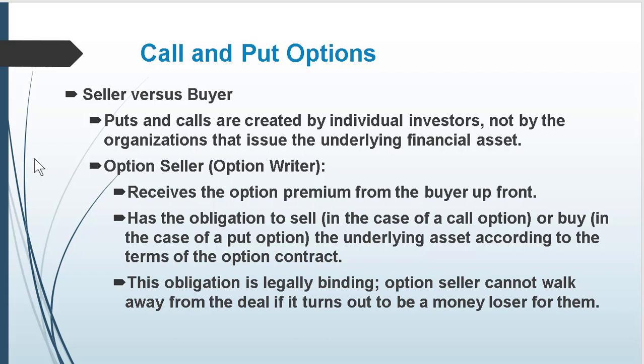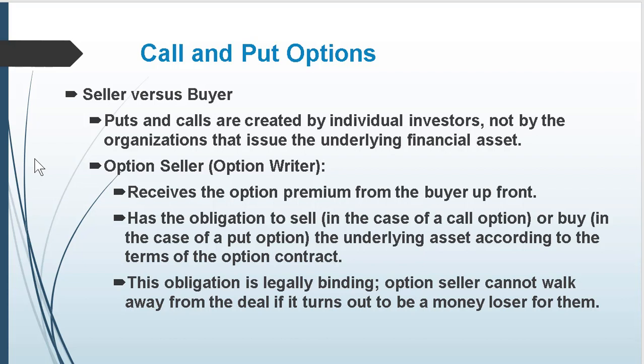If you buy a call, you are betting that the stock price is going to go up beyond the strike price. If you buy a put, you believe that the stock price will go down below the strike price. So the person who's buying this is placing a bet.